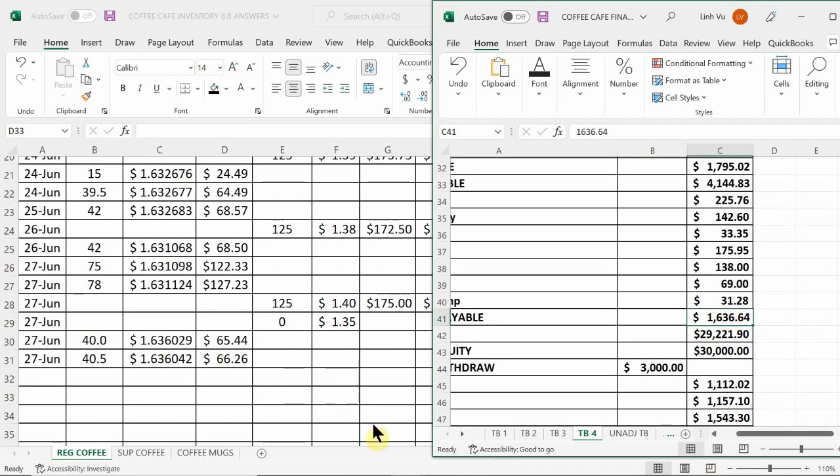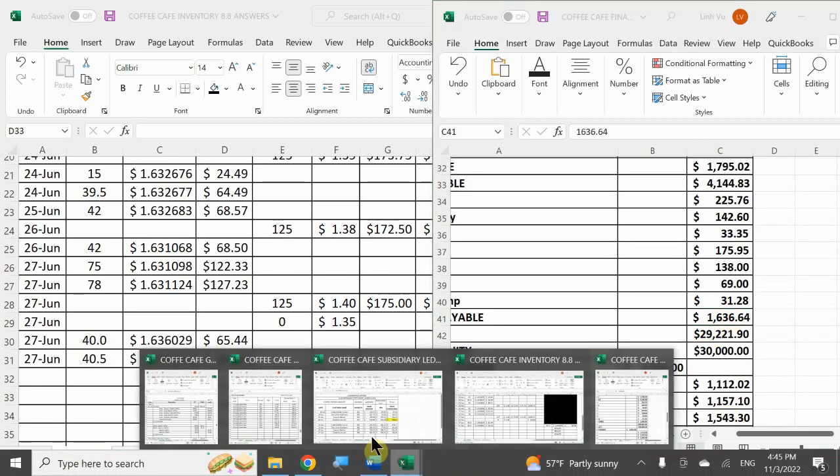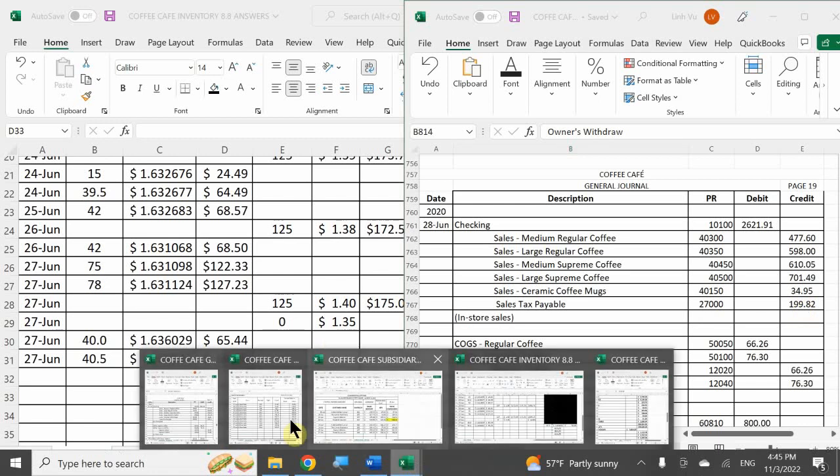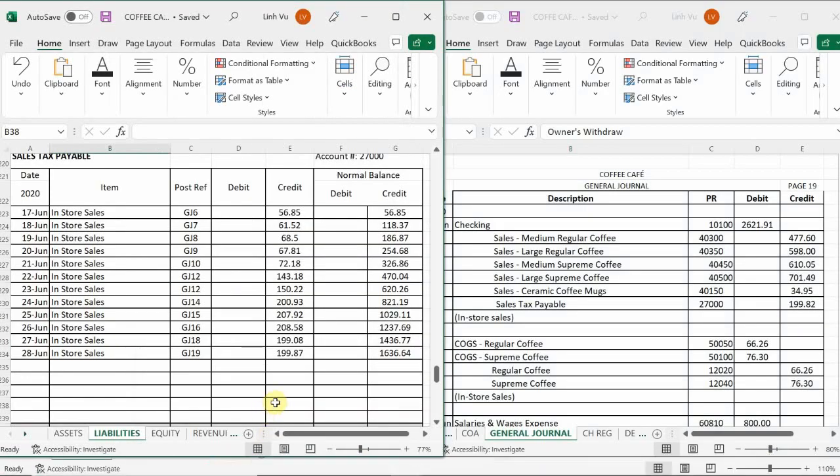Let's see. In my journal, it says that my sales tax should have been $199.82. In my ledger, I put it was $199.87. So $199.82 will change my answer to $1636.59.